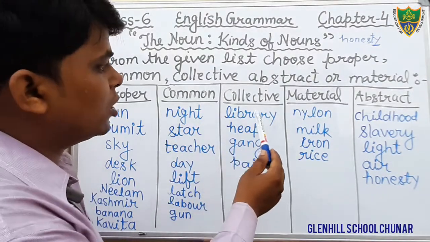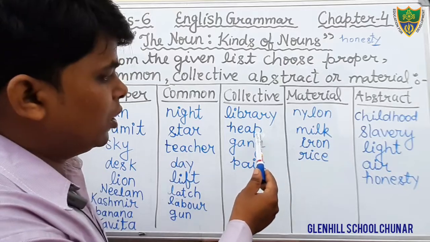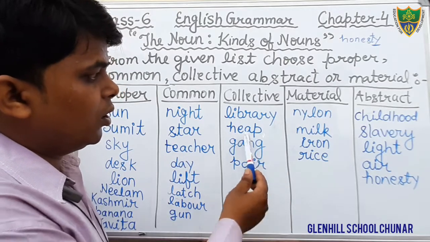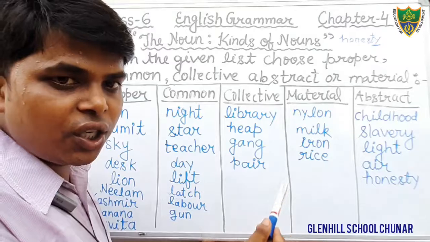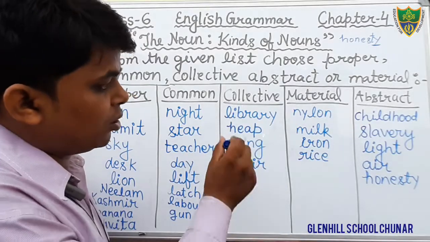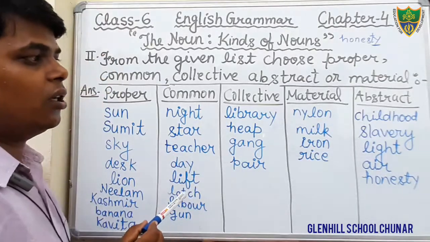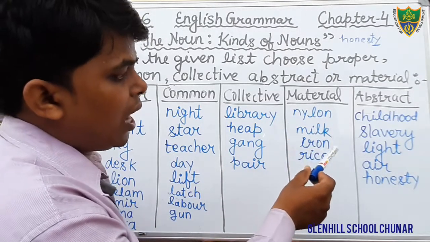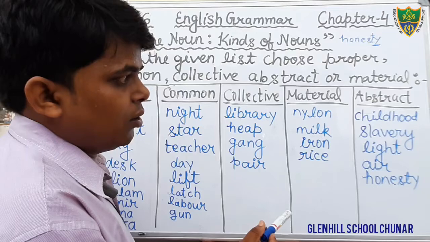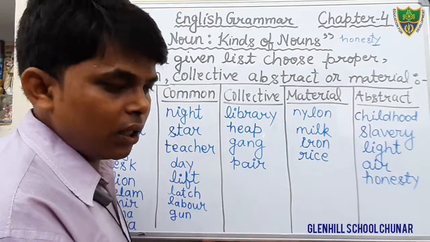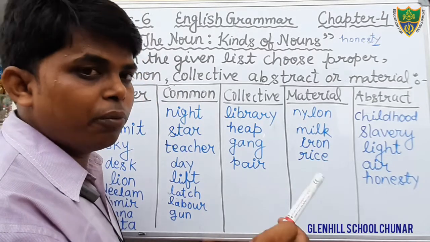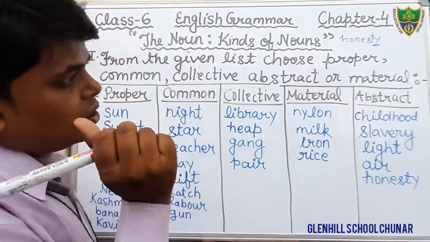And come to the next: library, heap, gang, pair. These words denote the collection. Therefore, I kept these words in the column of collective nouns. And nylon, milk, iron, rice. These words are material by which we can make so many other things.